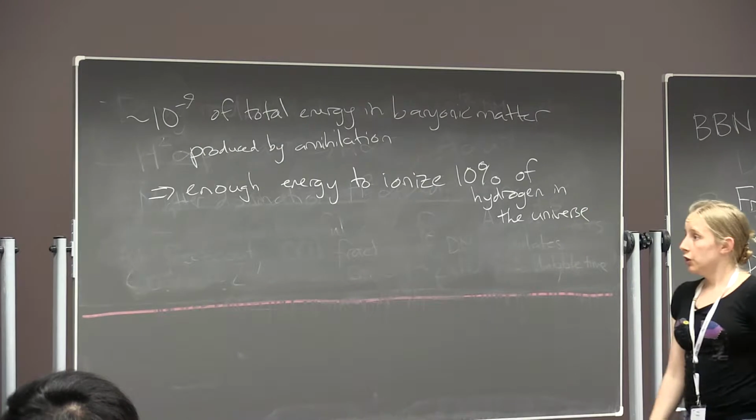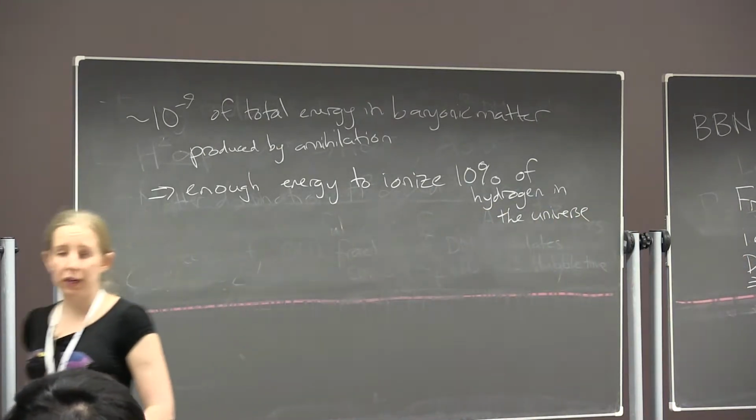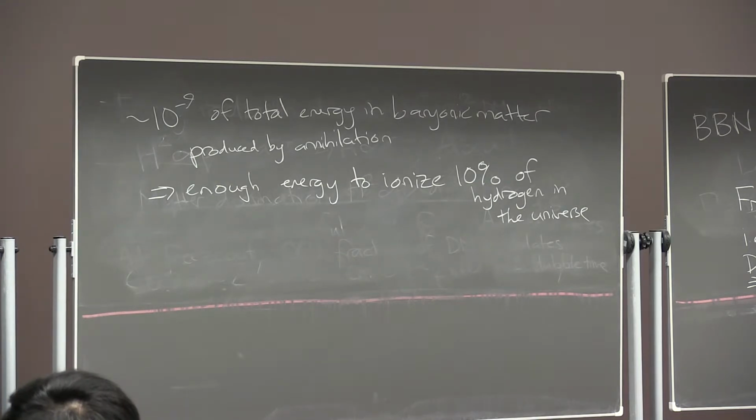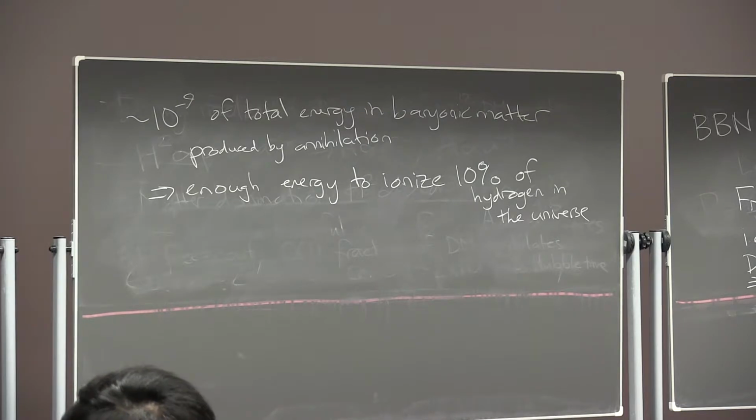Okay, so this is recombination. At the recombination epoch, the universe goes from being almost completely ionized to almost completely neutral. If after recombination, when the universe was almost completely neutral, we had some process that kept the universe 10% ionized, it would be very noticeable.